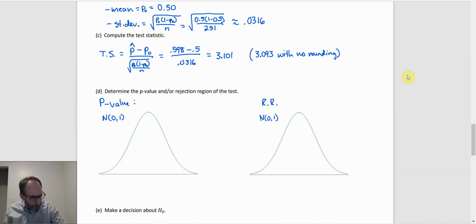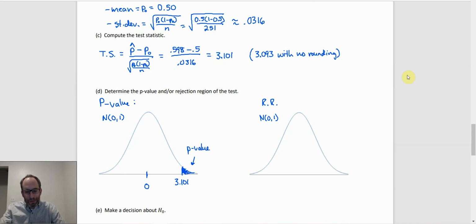For the p-value, since it's standard normal, it's going to be centered at 0. And then our test statistic is 3.101, which is way out in the tail, and then everything past that. So the right tail is going to be our p-value because we had a greater than in the alternative hypothesis. So that thing that I have shaded in, that is the p-value.